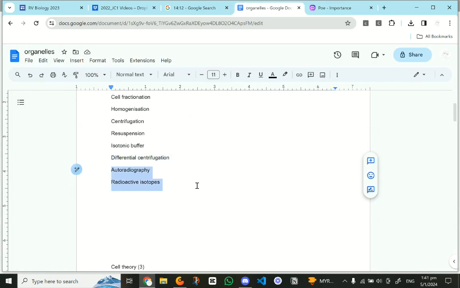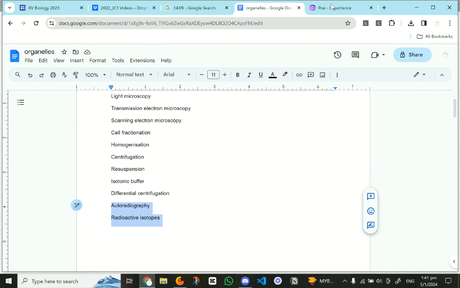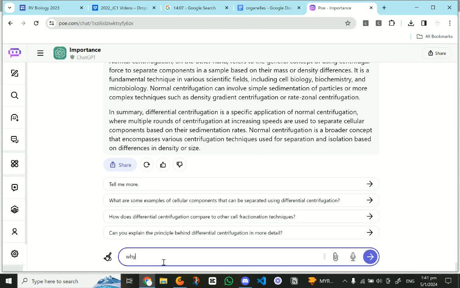Then next up will be the last two keywords, and the question comes back: why is autoradiography important?